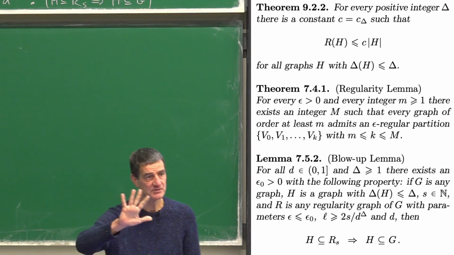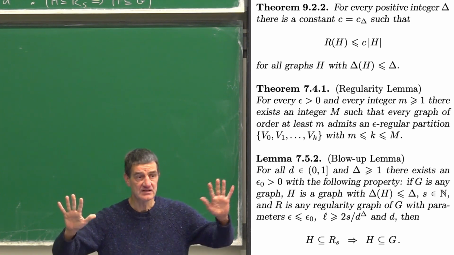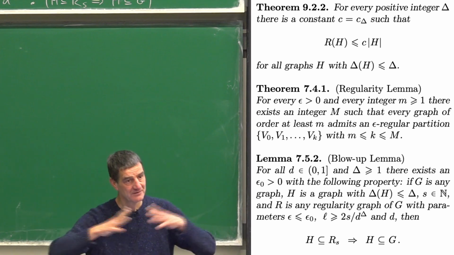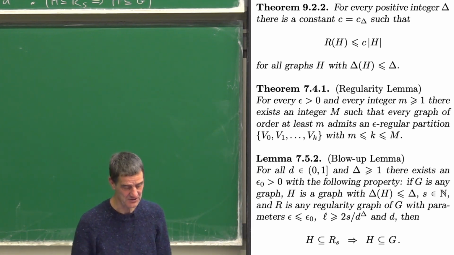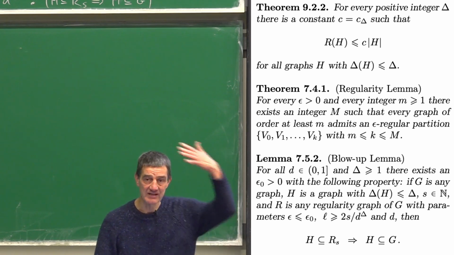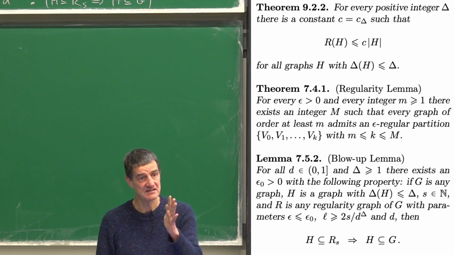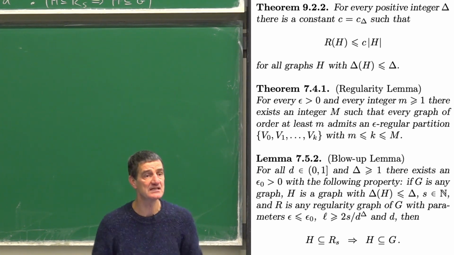Now comes the time to decide whether we want to find H in G or in the complement. And the obvious way to split this into these two cases is to say, okay, now this regularity graph has some edges that have density at most half and some that have density at least half.